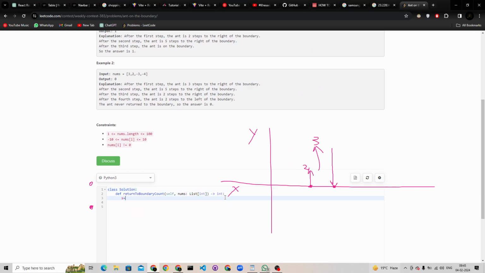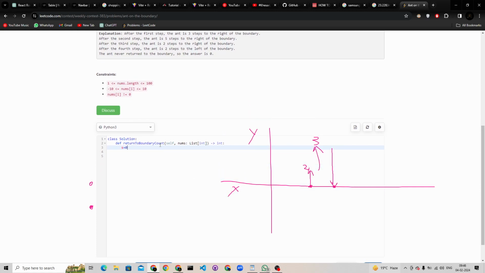We'll just declare a variable s equals to 0, and a variable count, which will store the number of times the ant comes to this position, that will also be 0.